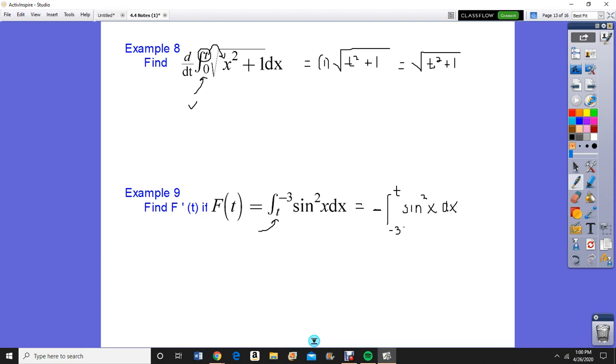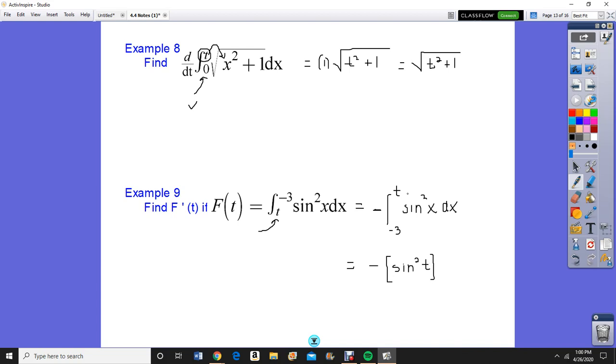So for step 1, I have now taken care of the fact that the constant needed to be on the bottom. The next step is to take this t and plug it into this function. So I'm going to carry this negative down. It is sine squared, no longer x, but sine squared t.